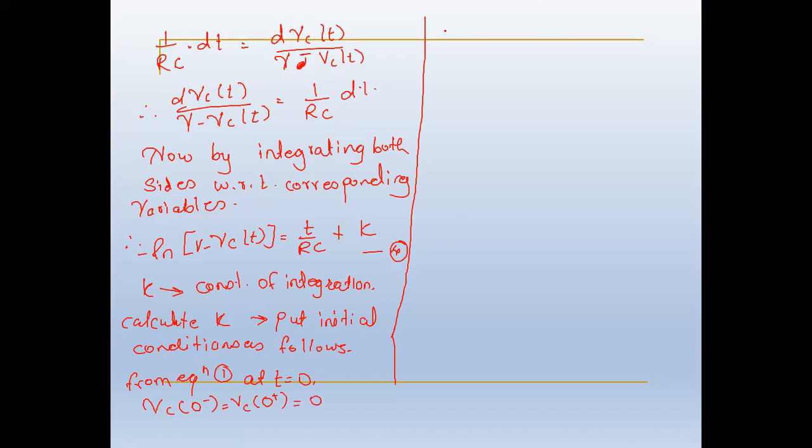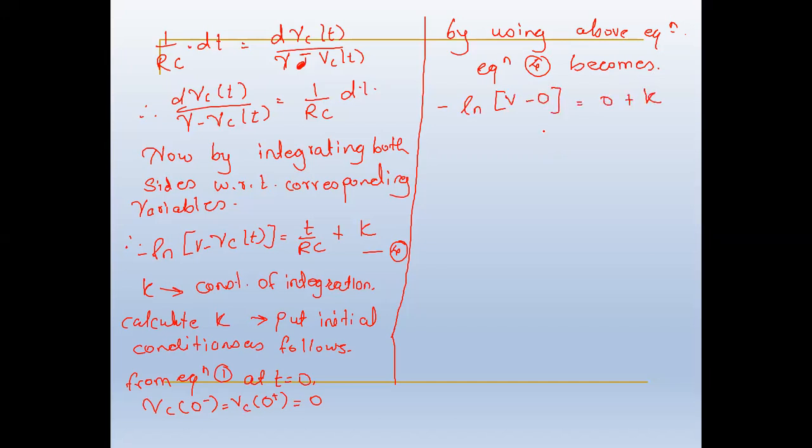Using this, equation 4 becomes minus log of V minus 0, which is equal to 0 plus k.